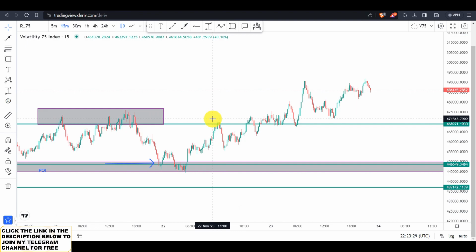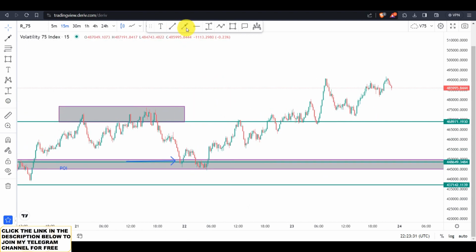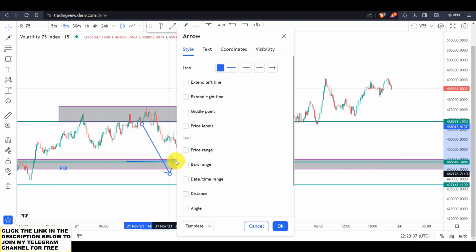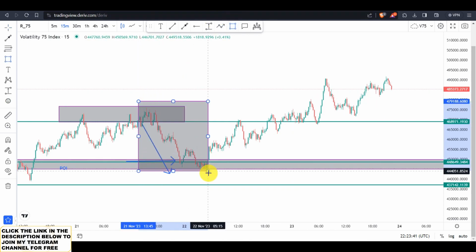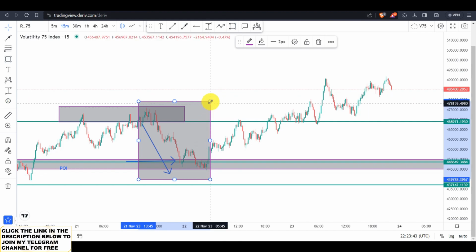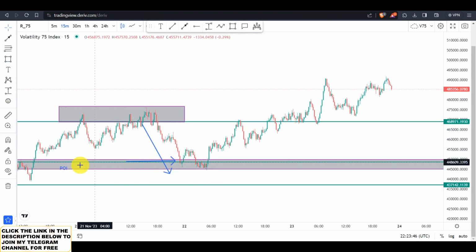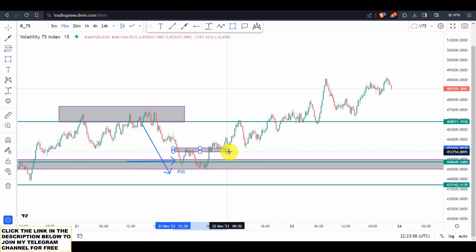What do I mean by the change? We can see this market previously was retesting, but the way it was retesting, we can see this was just a minor downtrend right here. So after the market came to this high probable area or very point of interest, we can see the market, when it was retesting this previous lower high of this minor downtrend movement, it broke the market structure right here.